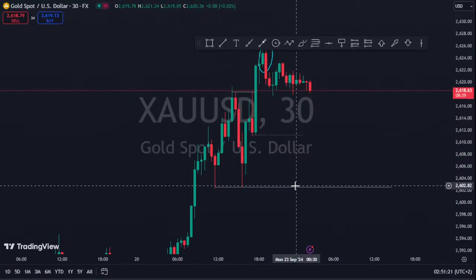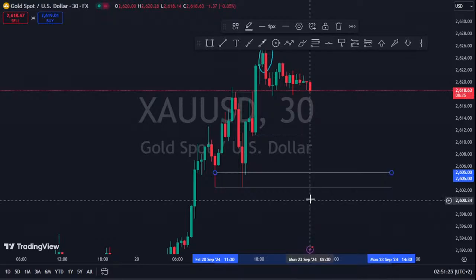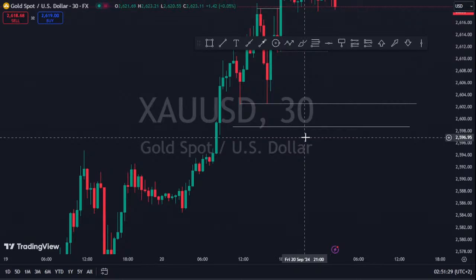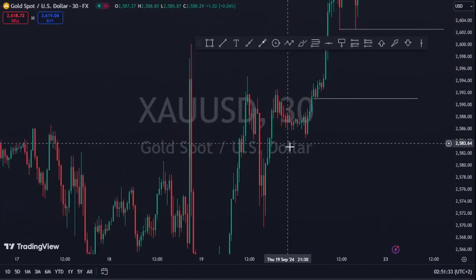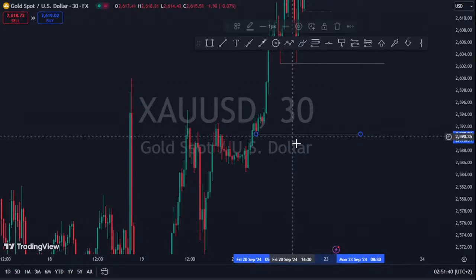Just give it a markup and then clone this one, and then it would have to go to which one? That one. So that would be the last key area.